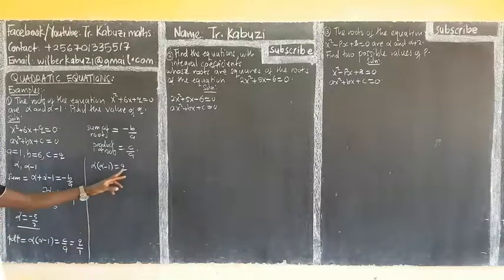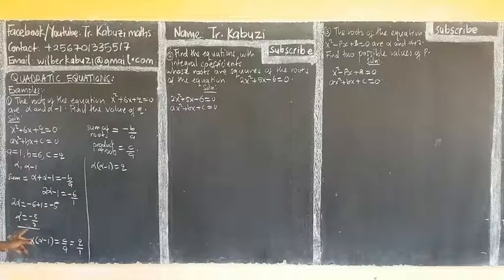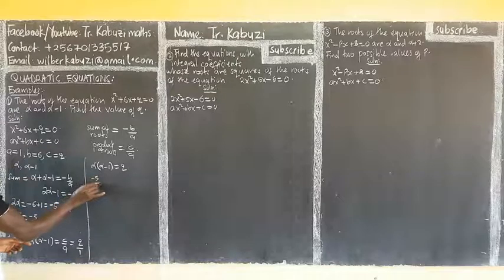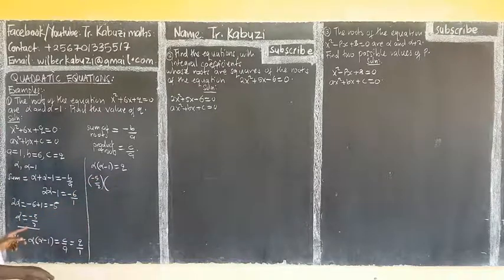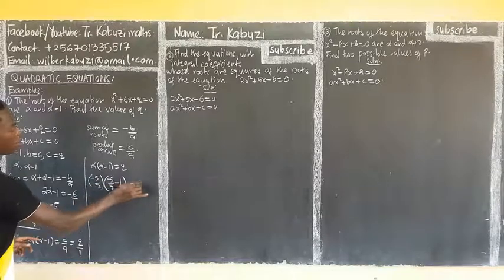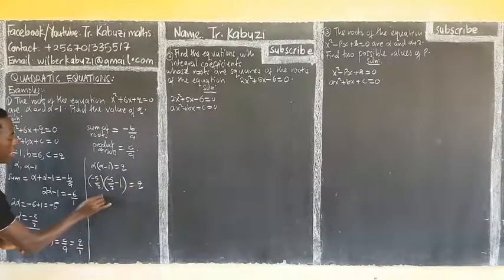Now I want us to get the value of q. We know the value of alpha, so substitute alpha from here. My alpha is negative 5 over 2, times negative 5 over 2 minus 1, equaling q.